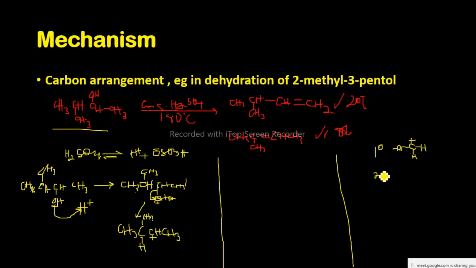For the secondary, the central carbon atom is bonded to two alkyl groups, and the rest is hydrogen. The third is the tertiary carbonium ion, where the central carbon atom is bonded to three alkyl groups.